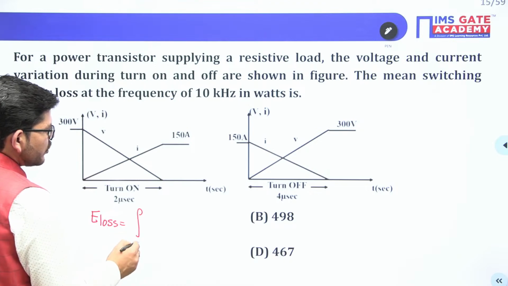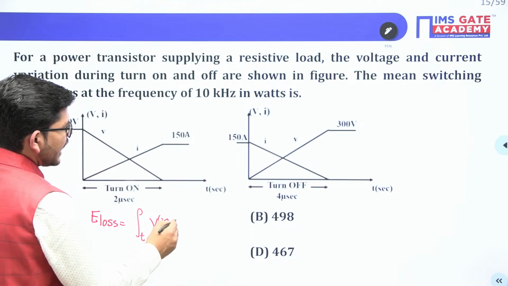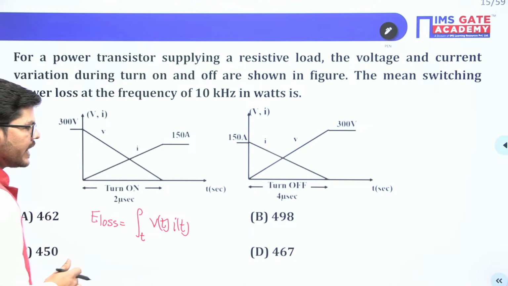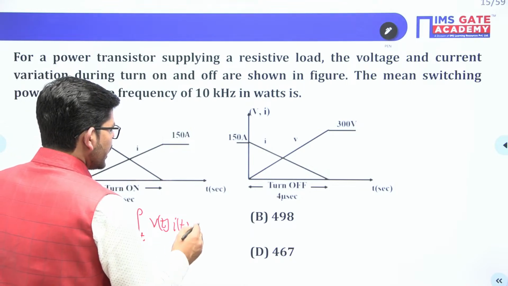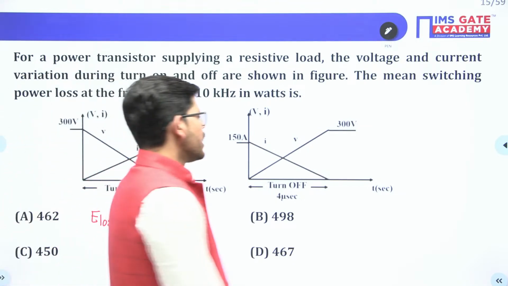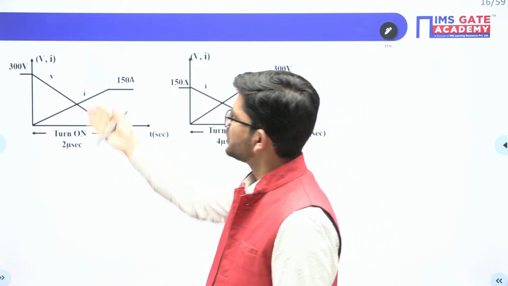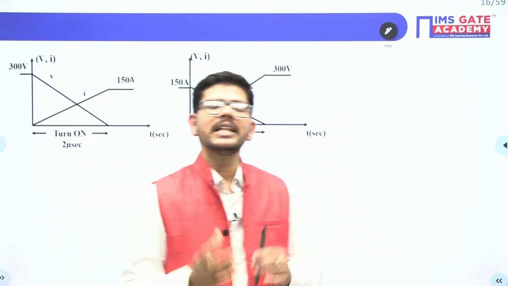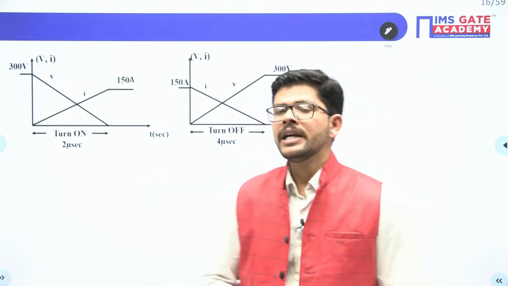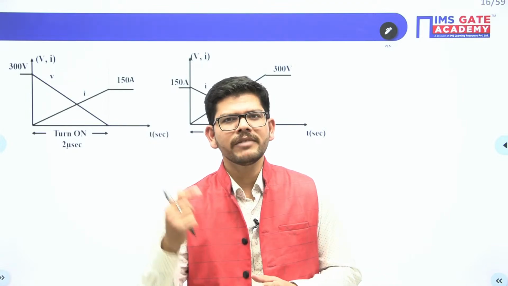And energy loss you can calculate for the time period, whatever is the voltage and current, that is the multiplication of voltage and current, which is the instantaneous power, and when you integrate it, you will get the energy loss. Okay. Now if you see this particular problem, if we write the expression for voltage and current and then multiply them, and after that integrate it, it will become more complex and more calculation will be involved here.